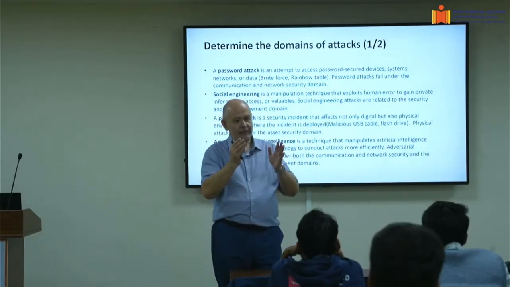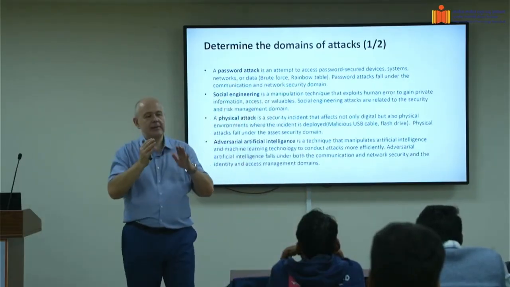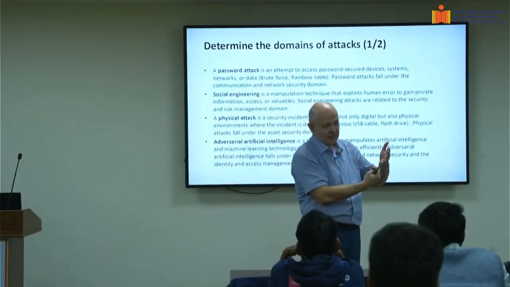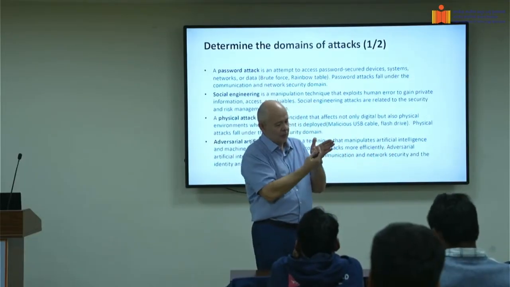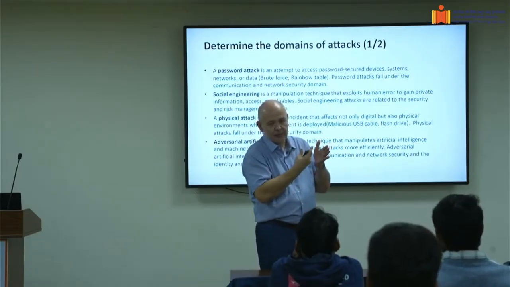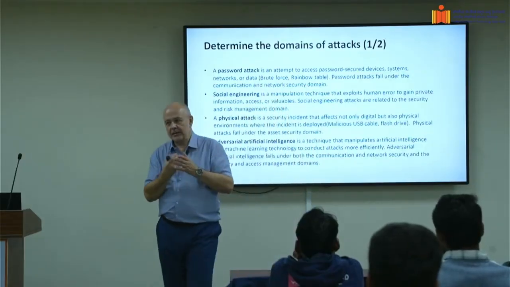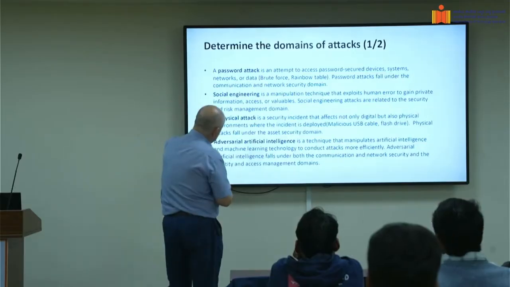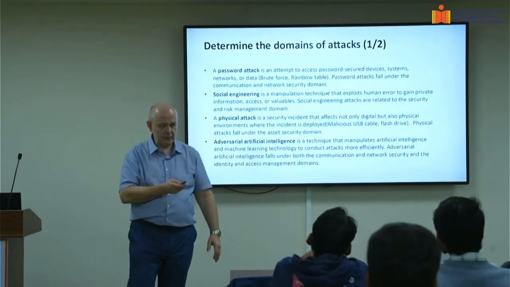We could change the data which is used as an input for the system. For example, for cars, we could do some change in the number plate so that the system will not recognize it. So these are different kinds of attacks which could be used for adversarial attacks. Tomorrow I will talk about this in more detail.